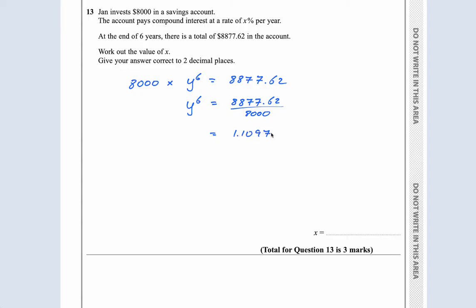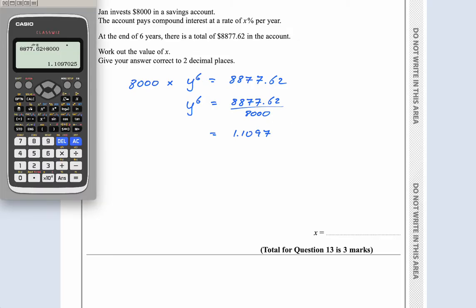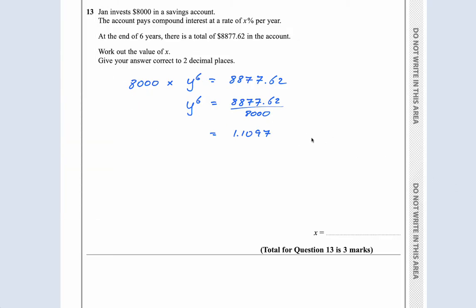Now I've stopped here because it does say 2 decimal places, but maybe, guys, I'll just add another one. 1.1097025. I'll write all the digits.